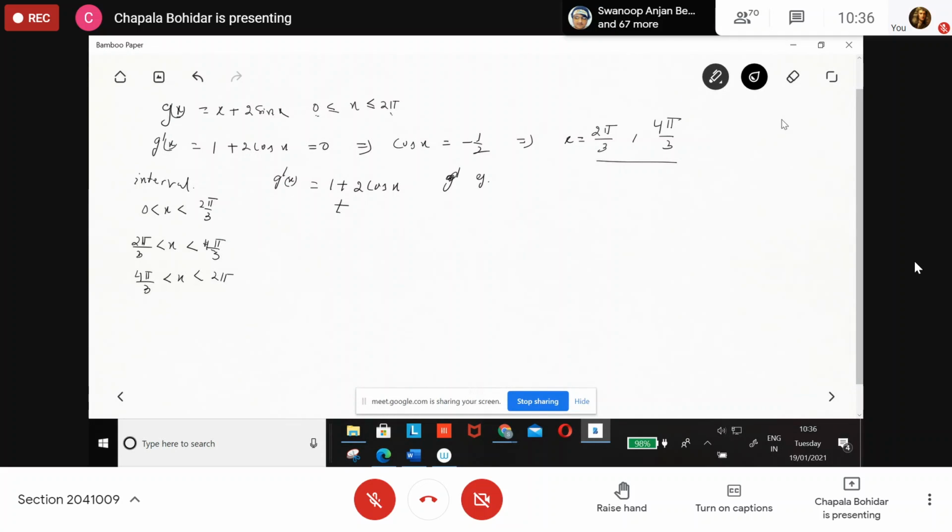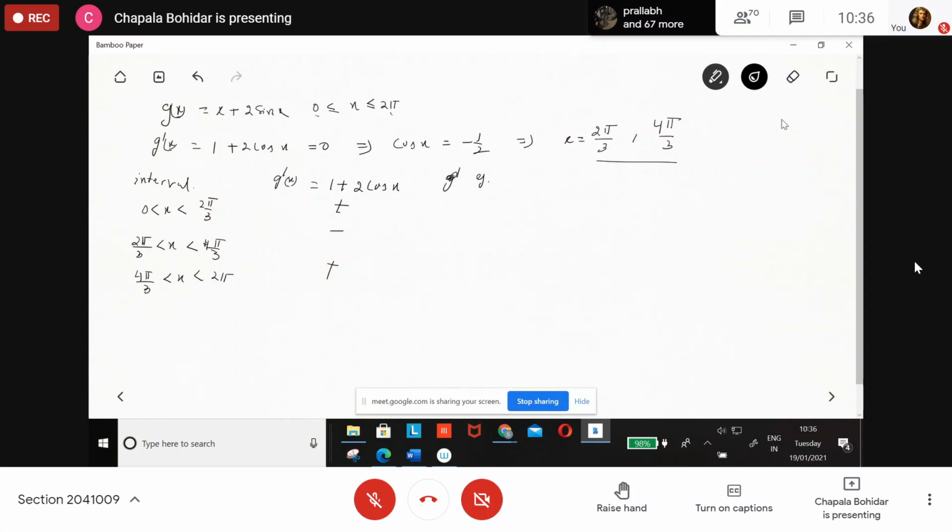But it is greater than this value and less than this, so we get negative here. Then 4 pi by 3 to 2 pi, again positive.